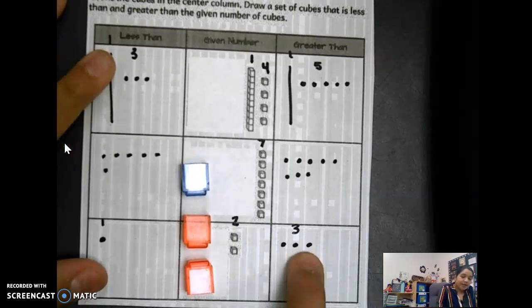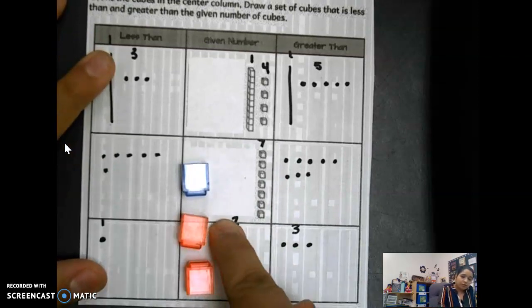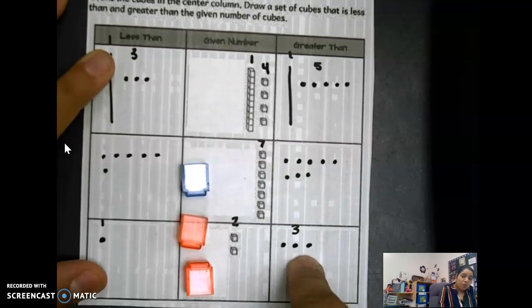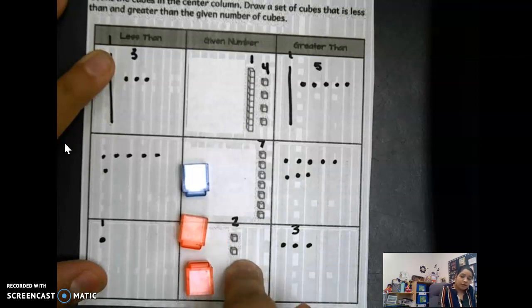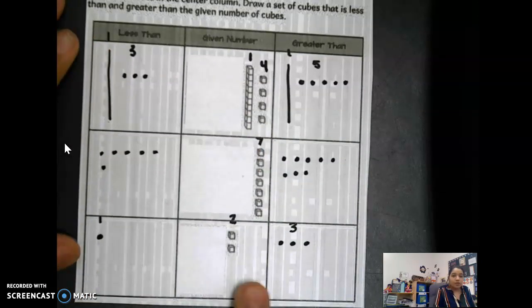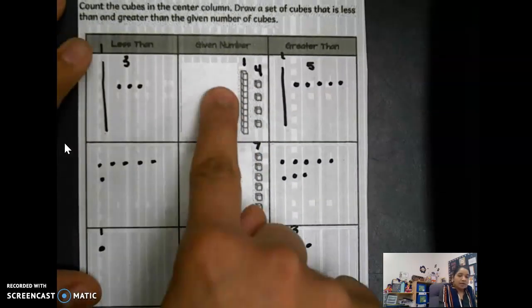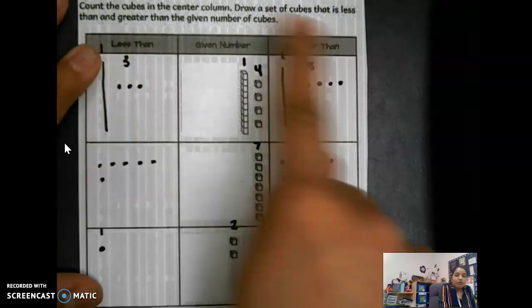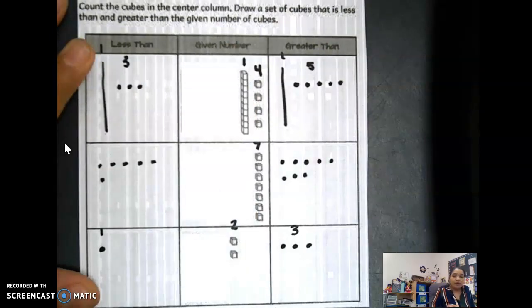And let's check. Is 3 greater than 2? Do I have more ones here than here? Than our given number? Yes. Woohoo! So now you are able to see how to get a number less than and greater than our given number.